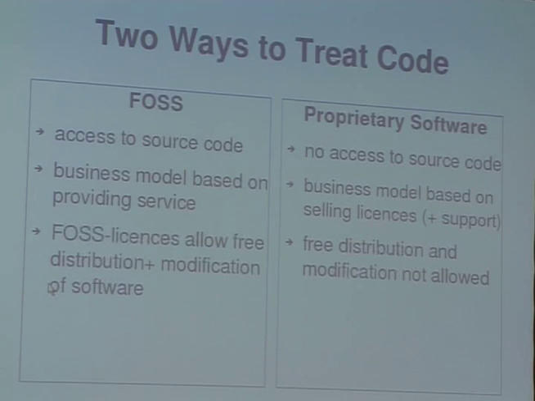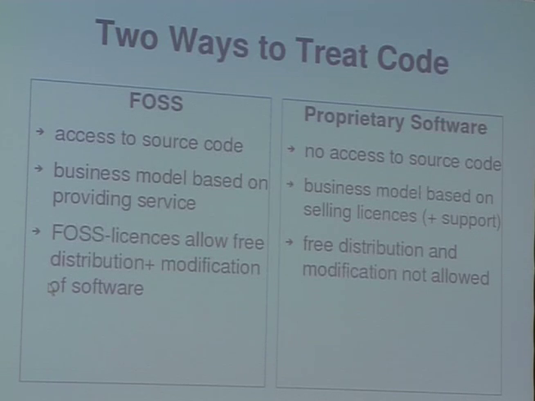You do not have access to source code with proprietary software, and while with free software the business model is based on providing service, since you give away the software, the product, for free, it's a completely different case in proprietary software. They generate their profit by selling licenses, and of course they charge for support.